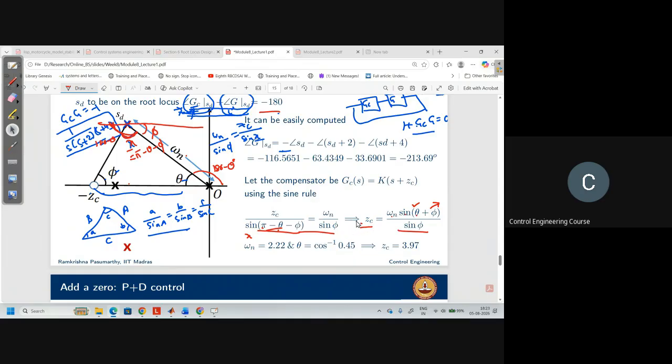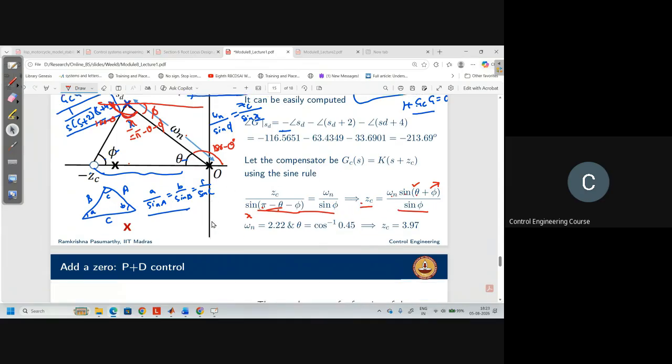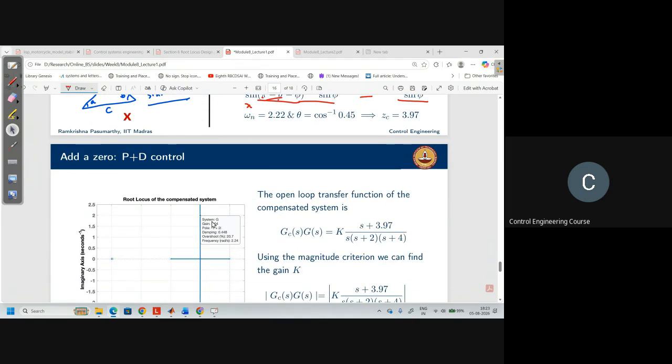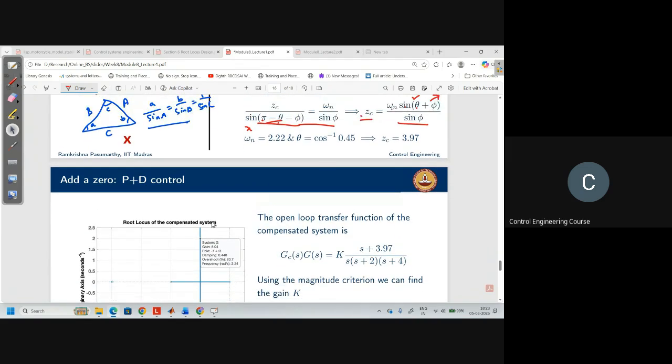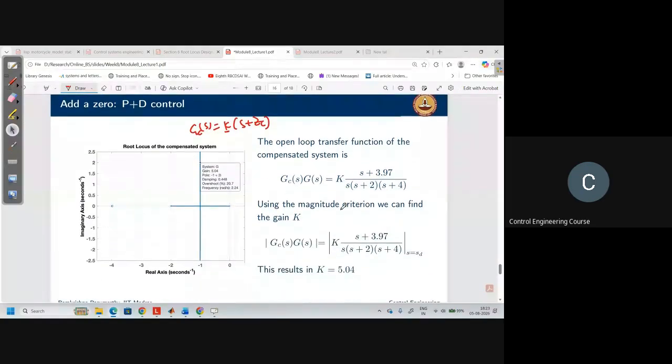So the overall controller transfer function GC of S will be K into S plus ZC. Now we have to calculate K. K we can calculate by using the magnitude criterion.